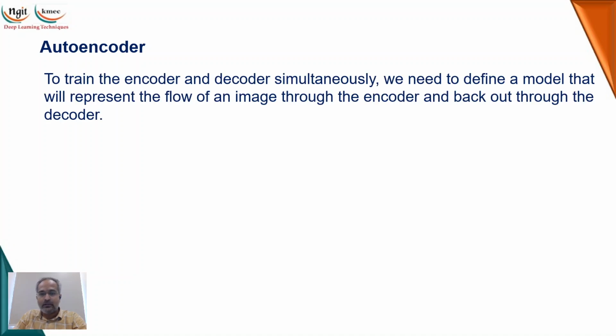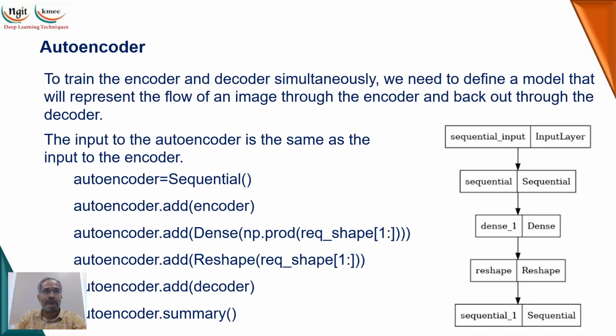And then we can generate the autoencoder by combining these two. See here, autoencoder equal to sequential, autoencoder dot add of encoder, and then dense of representation vector, and then add of reshaping that representation vector into the deconvolutional layer, meaning the decoder, and then adding the decoder and summary.